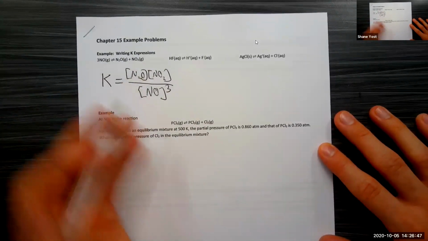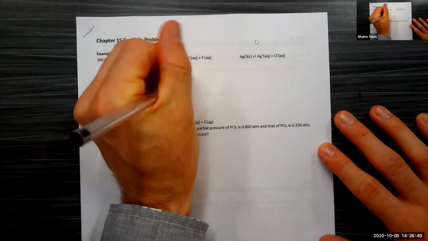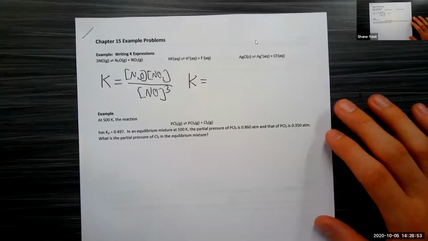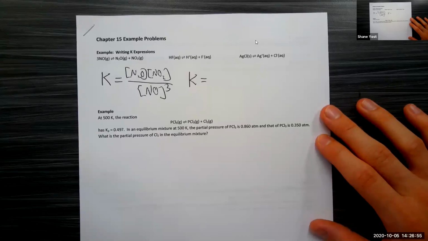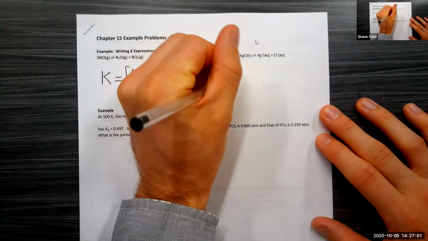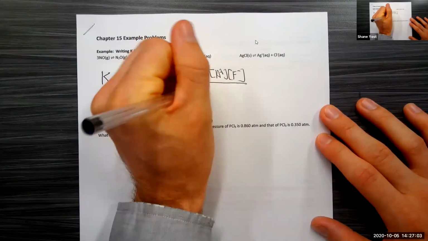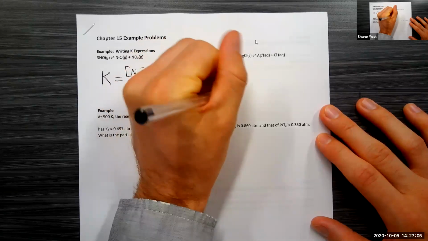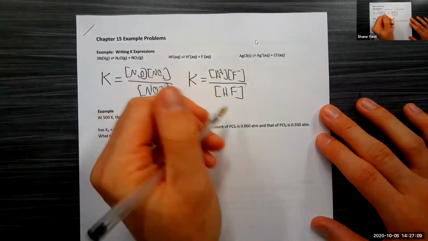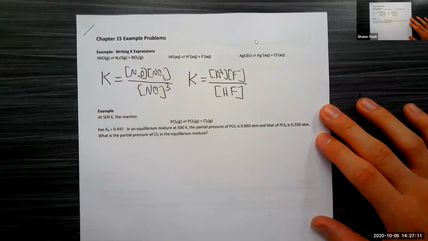Everything here is gas, so everything is included. So next expression. Again, everything here is aqueous or gas, so we include all of it. Everything has a stoichiometric coefficient of 1, so we don't need to write any other powers out.